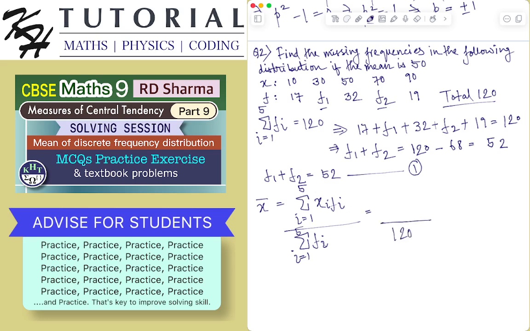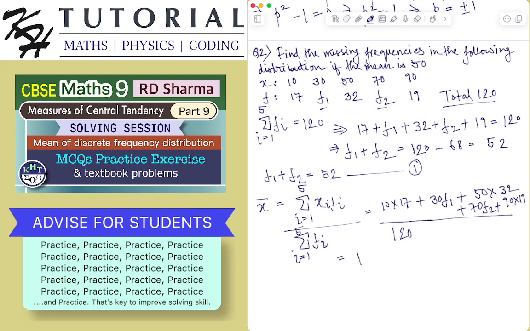So 120, and I have 10 multiplied by 17 plus 30 f1 plus 50 multiplied by 32 plus 70 f2 plus 90 multiplied by 19.